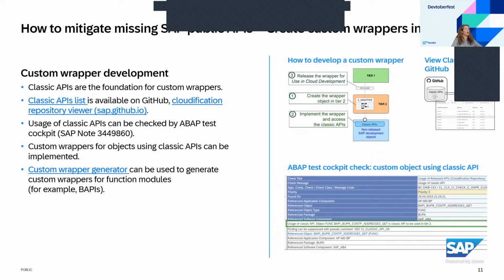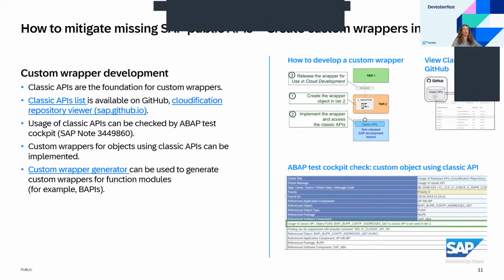So if the usage of such a classic API in your code is detected via ABAP Test Cockpit, the corresponding custom objects can be wrapped in the direction of cloud readiness based on this classic API. And in order to speed up your custom wrapper development, you can also benefit from the custom wrapper generator, which we provide directly in the system, where you can generate your custom wrapper in a very quick way.